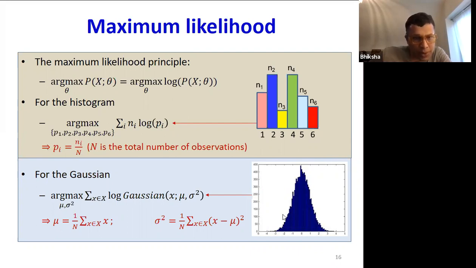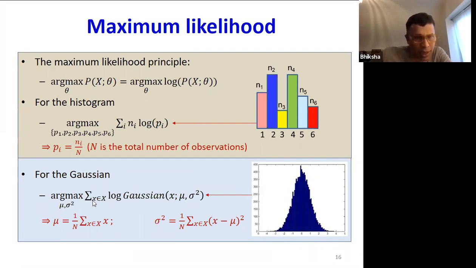So also for the Gaussian, the log probability of all of my observations is the sum over all observations of the log of the Gaussian computed at the observation x. What you have are these terms x. You don't have the mean and the variance. So this ends up being a function of the mean and the variance.